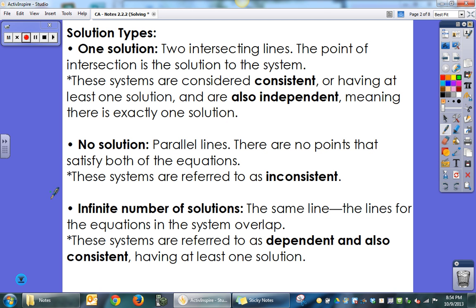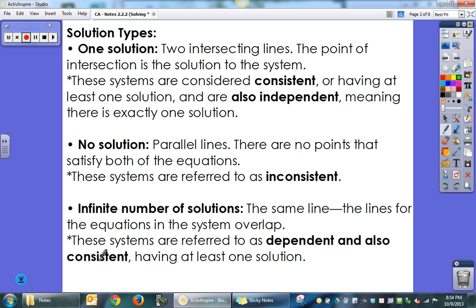And an infinite number of solutions would be that you've got two graphs that are exactly the same line, one on top of the other, so they overlap everywhere, which means there are an infinite number of solutions all along those lines. And these are referred to as dependent and also consistent.